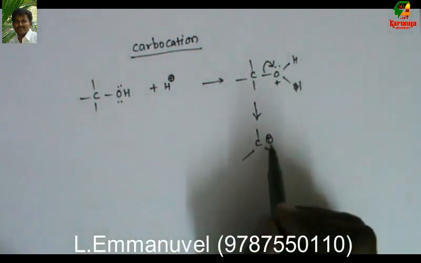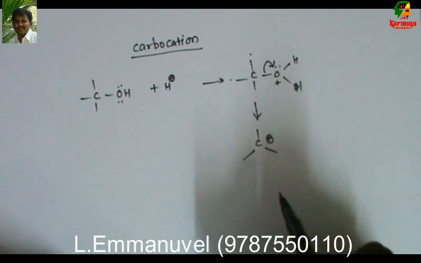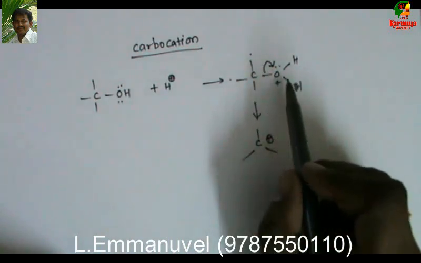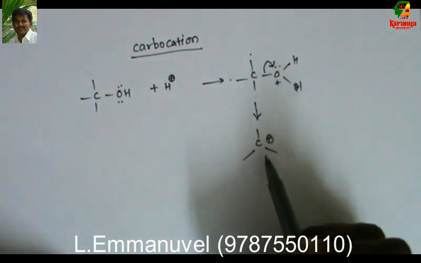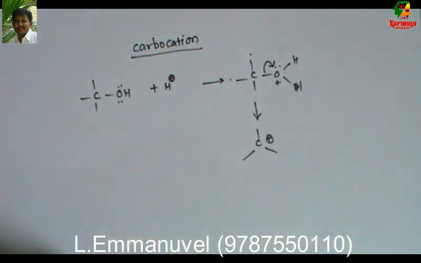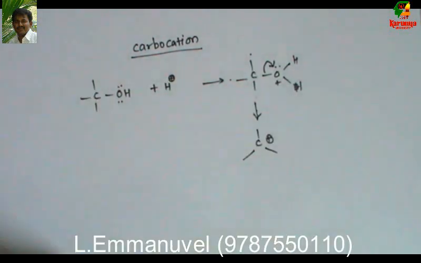The formation of carbocation is more favored if all these groups are alkyl or aryl. That is, tertiary alcohol can result in the carbocation more easily than secondary or primary. The reason is that tertiary carbocation is more stable. Because of that, it is formed.